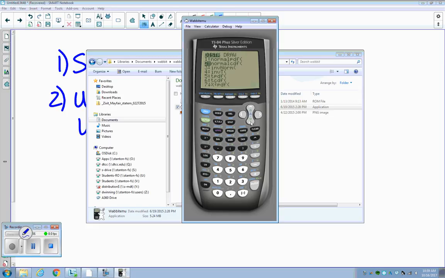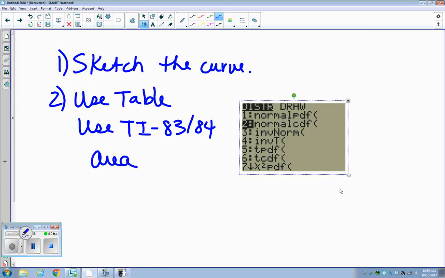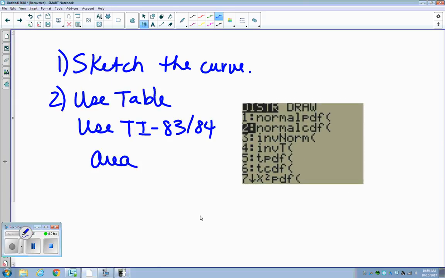And I want to go to normal CDF if I am finding an area. I'm going to put the low limit of the Z to the upper limit of the Z. So this is going to be lower Z, comma, upper Z. And it's going to give me back the area.